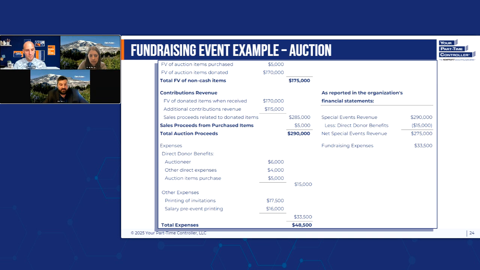You then have the sale proceeds from the purchased items of $5,000 to get to a total auction proceeds of $290,000 in this example. The direct donor benefit and the other expenses are going to follow the exact same nature and presentation as Dan talked about in the previous dinner slide. And again, we're going to see that those are all going to roll up into special events revenue, direct donor benefits, and fundraising expenses within the financial statements.